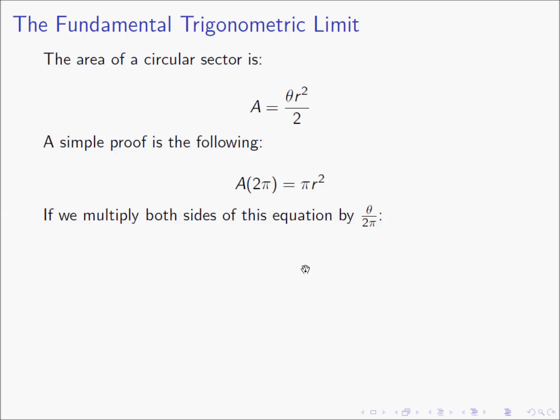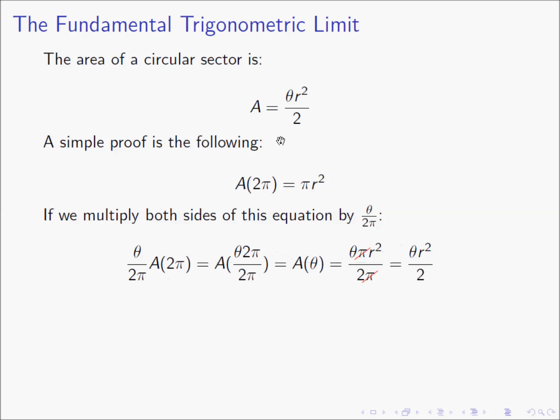Now if we multiply both sides of this equation by theta over 2 pi, on the left side we get this, and we can introduce this factor inside the parentheses here. We can cancel out 2 pi and get that this will be the area of a circular sector of angle theta. On the right side we multiply by this factor, we can cancel the pi, and we get this expression of the formula. So you can see why this formula is true.